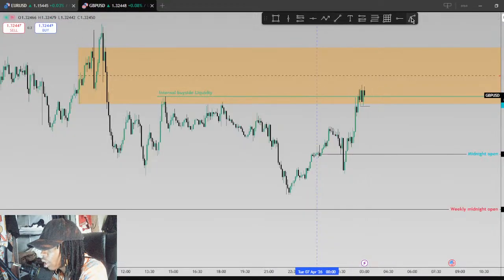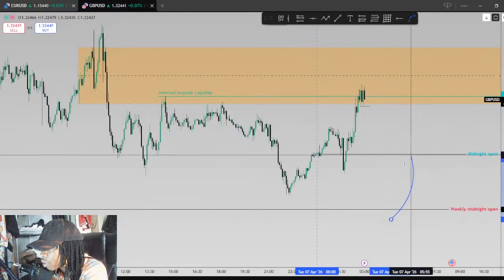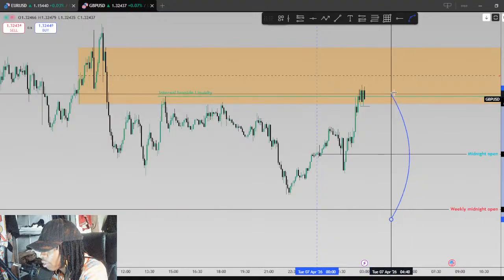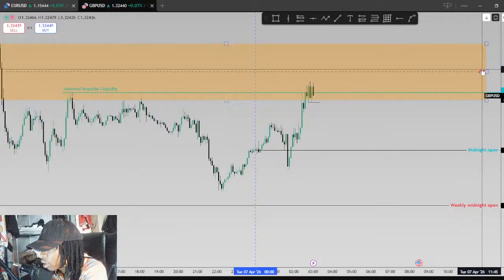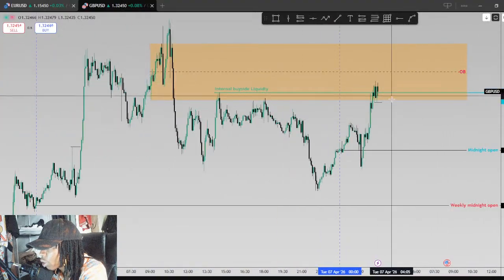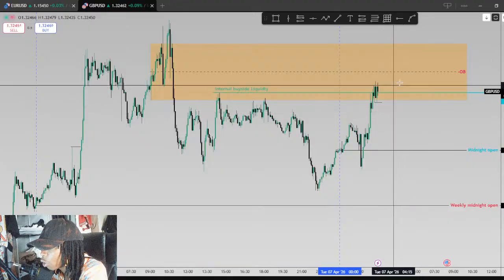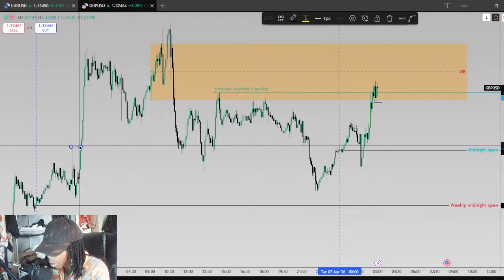Will price be able to set us this sell side of the curve? Okay, so let us wait. Nice reaction, even though we did touch the consequent encroachment of the OB, the mid threshold of the OB structure.